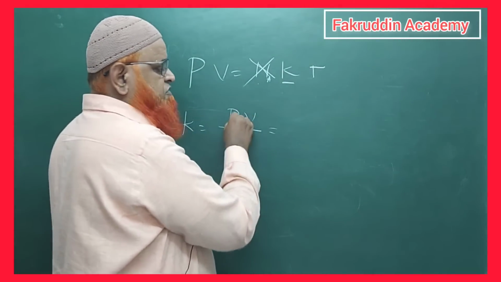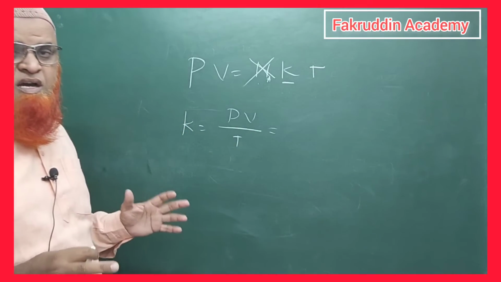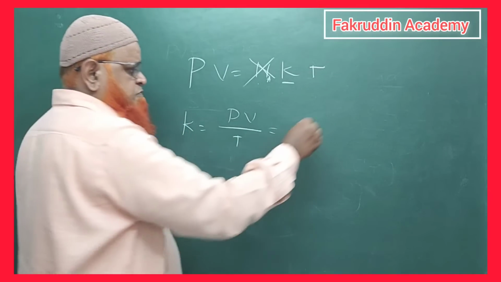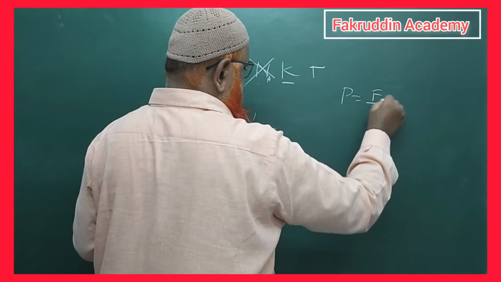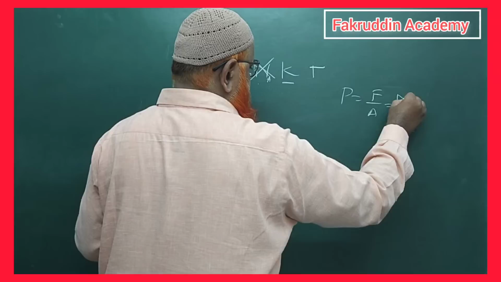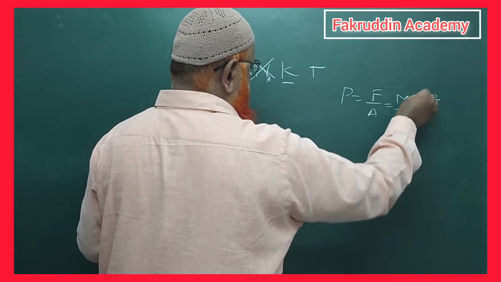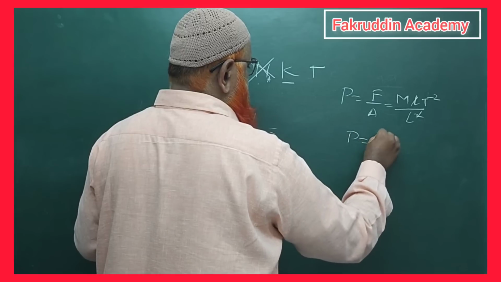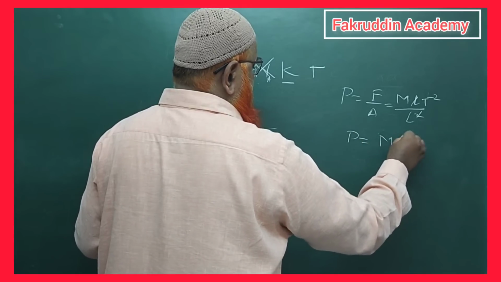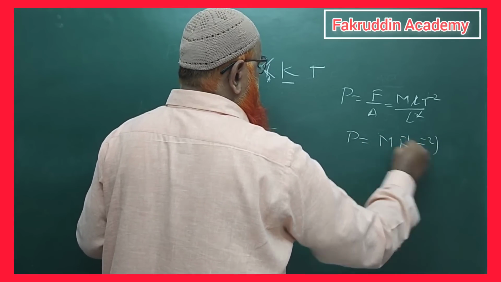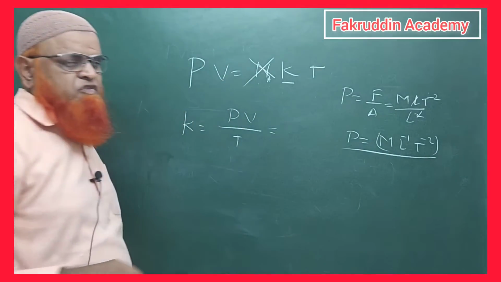Just now I found the dimensional formula for pressure, which is force by area, which is mass into acceleration, LT power minus 2, divided by L square. L L gets cancelled. Pressure is taken as M L power minus 1 T power minus 2.